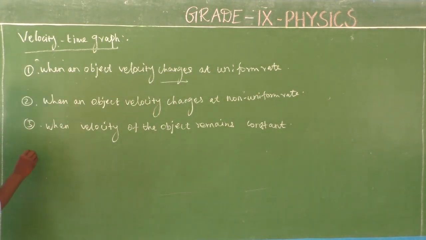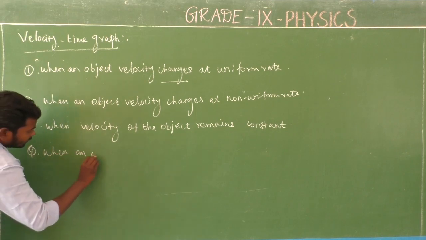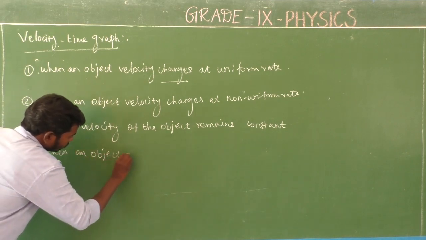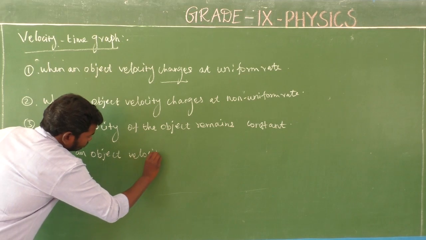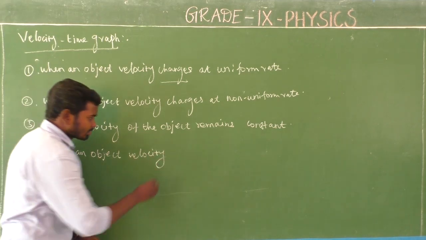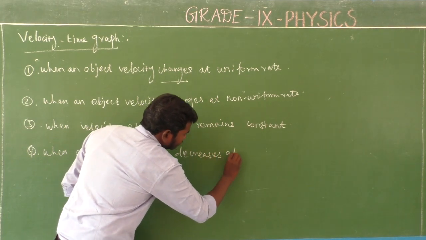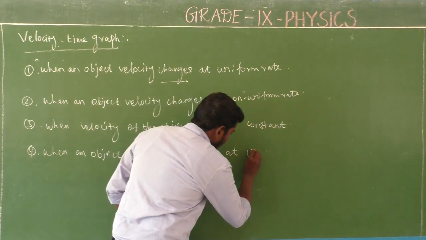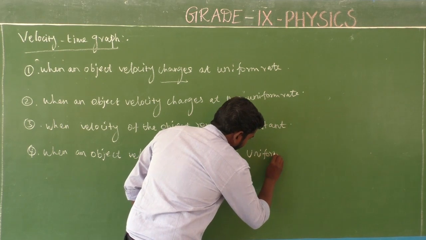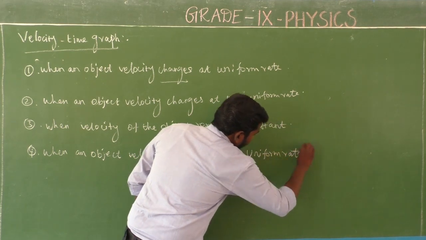Fourth one: when an object's velocity decreases at uniform rate.